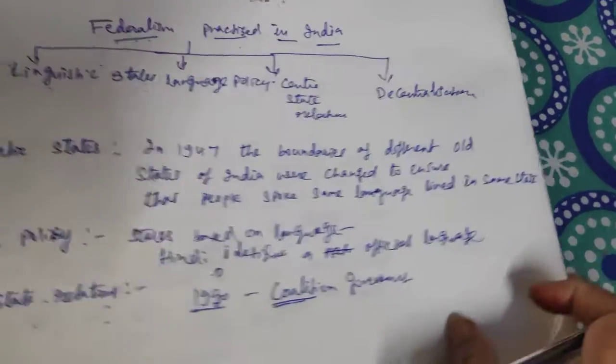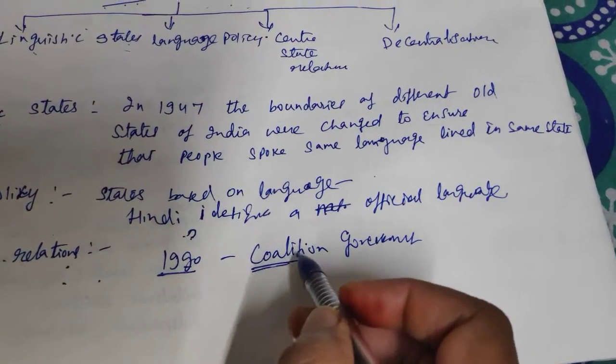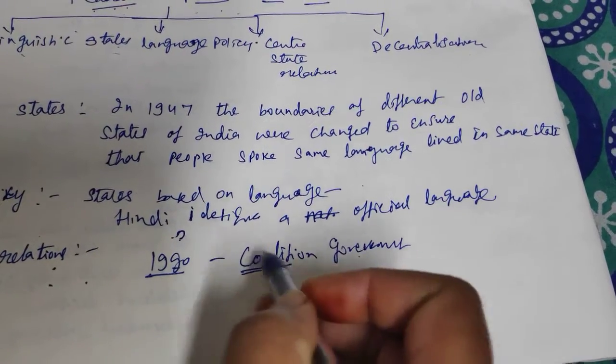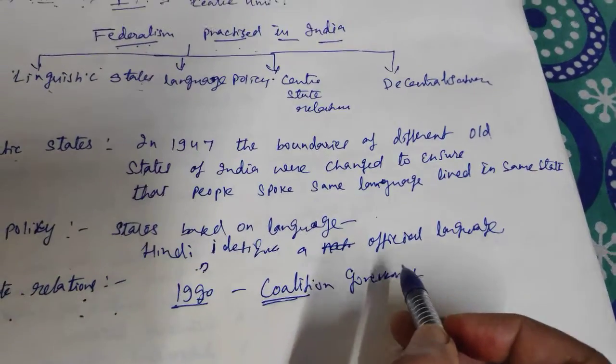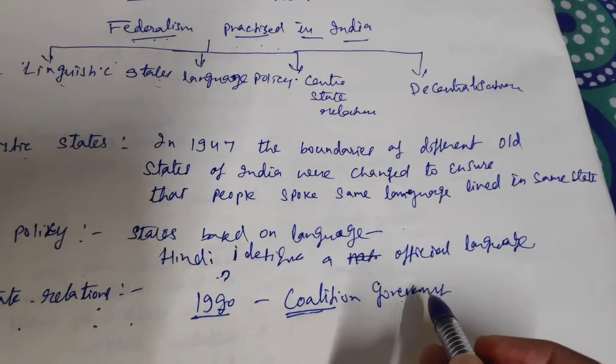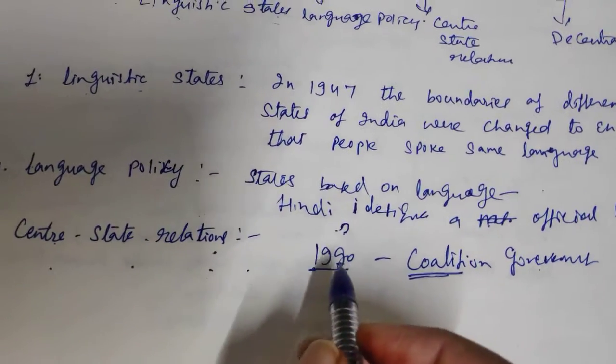What do you understand by coalition government? When two or more parties join together to form the government, when no single party gains the majority. The new era of coalition government was formed by the regional parties and in many states of the country.